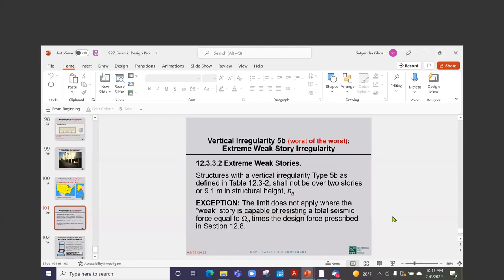In a tube, the beams are very deep and columns are closely spaced. So in a tube structure, you cannot satisfy the strong column weak beam requirement. So a true tubular structure you cannot build, definitely not in seismic design category D.